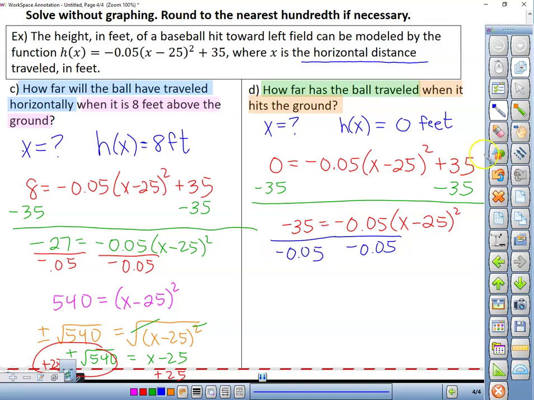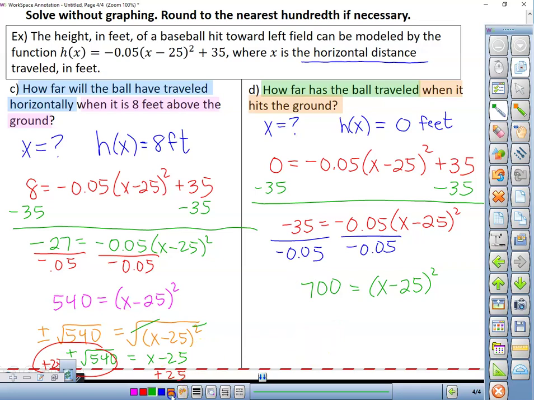So once again, if this division is a nice number, terminating decimal, integer, then use it. If it's not, then make it positive because a negative divided by negative is a positive, and use the fraction. This part becomes our x minus 25 quantity squared. And it turns out when you divide these numbers, we get a nice number of positive 700.